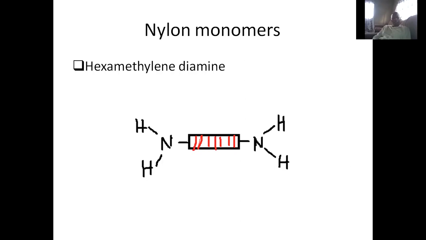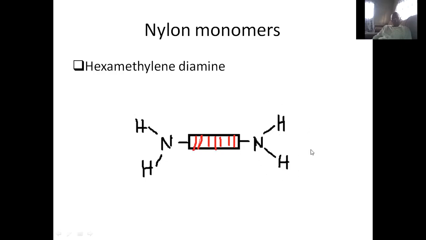We have the hexamethylene diamine, and you'll notice that here there is a backbone which is given by this rectangle and shaded. At the end here, we have nitrogen linked to two hydrogen atoms. And the other end, again, you have nitrogen linked to two hydrogen atoms. That's why it's known as diamine.